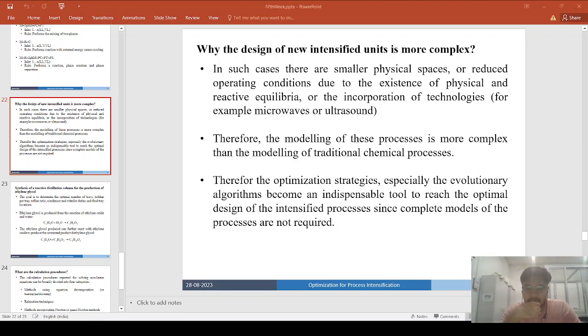The physical spaces are quite small and the operating conditions are reduced, basically keeping safety in mind, because you cannot exceed a certain temperature and pressure limit as it is not safe.